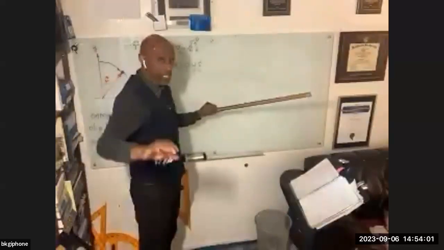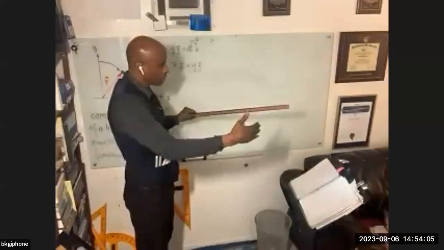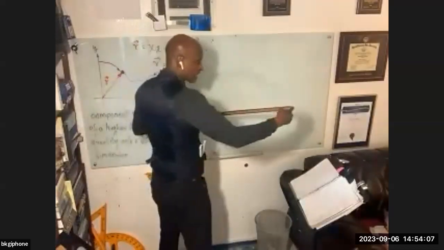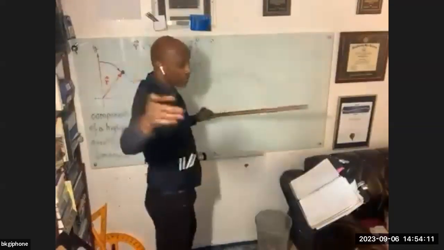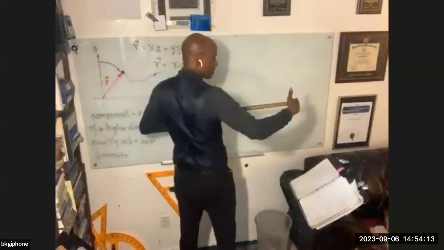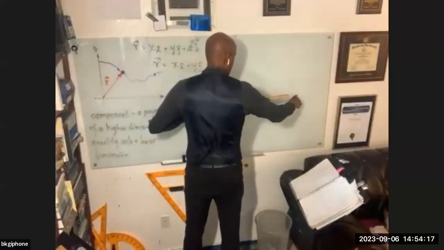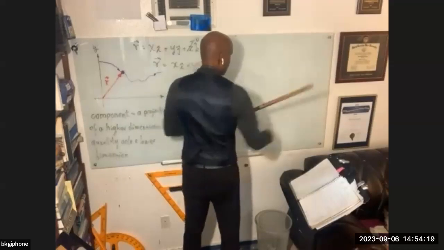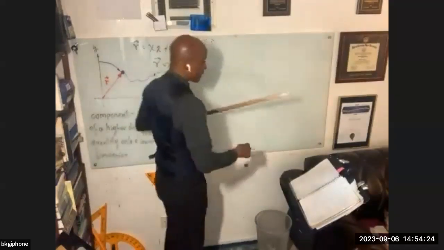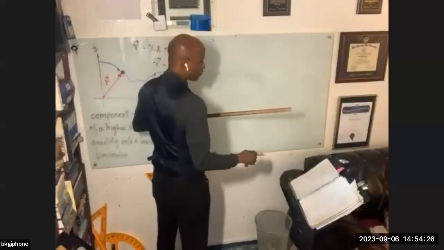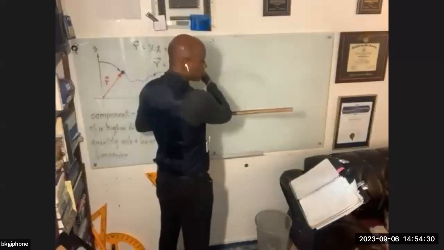You can see here that because this light is casting a shadow at an angle, if I were to draw a line directly from the light beam past the tip of this object in the direction that the light is traveling to the board, it's going to hit the board at an angle that's not 90 degrees. So I'm still getting a projection, but it's not a right angle projection.